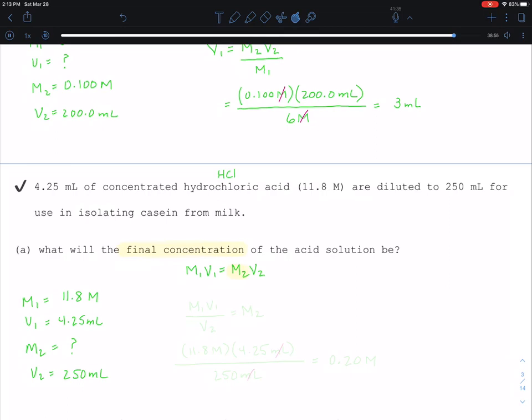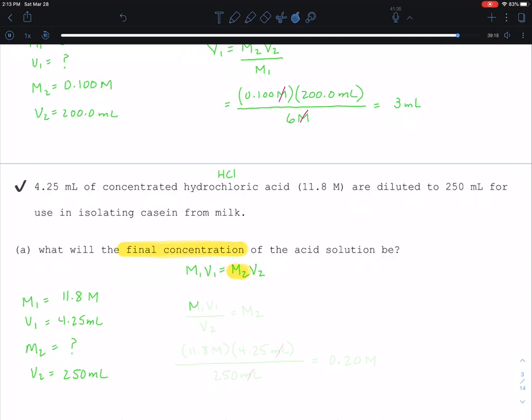Okay, the next thing I want to do is make sure that I'm solving for the right thing. I want to know what the final concentration is going to be. So I'm solving for M2. So what I'll do then is divide both sides by V2 so I can isolate M2.